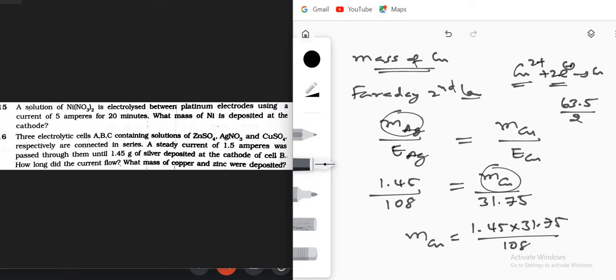So what we'll get here is 1.45 into 31.75 divided by 108. It gives me a value 0.4262 grams.